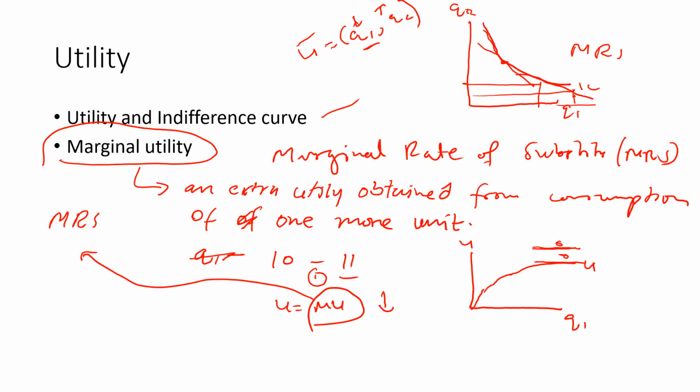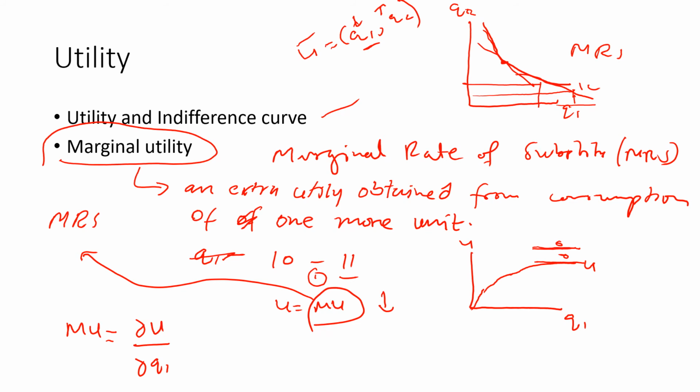This is basically when you observe that when an individual is thirsty and wants to drink water, one glass of water gives him a good utility, but the second glass of water does not give him as much extra utility as the first glass. Obviously, the second glass has its own utility, but that is less than the first glass. So marginal utility is basically the change in utility due to a change in the quantity consumed.